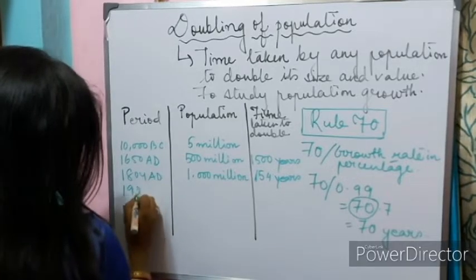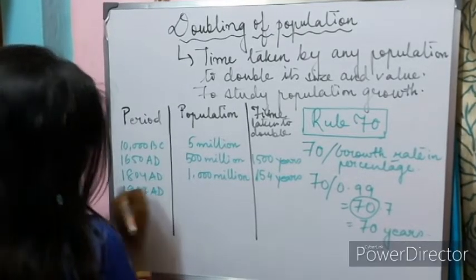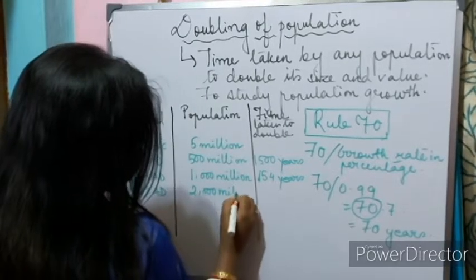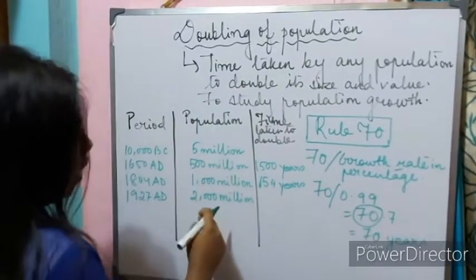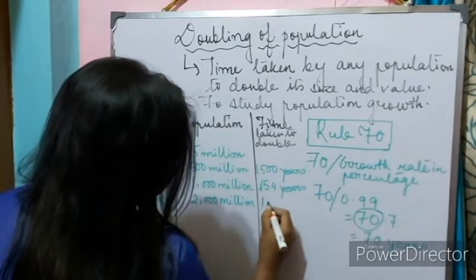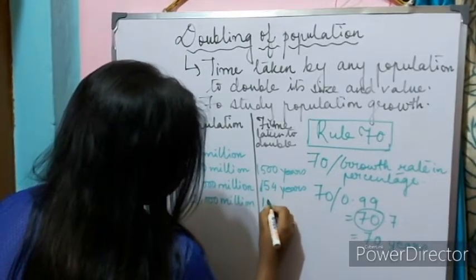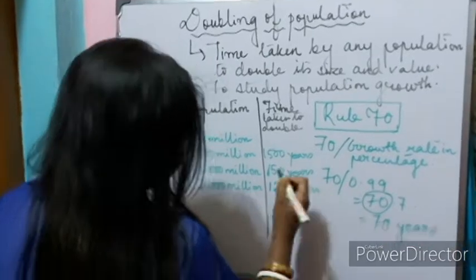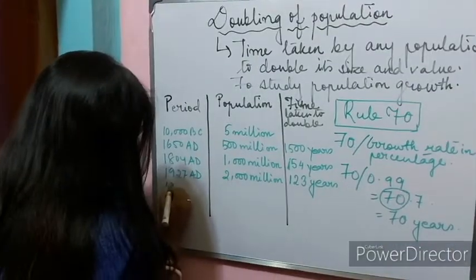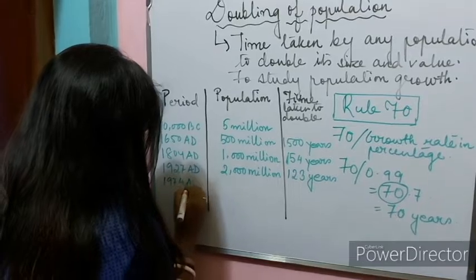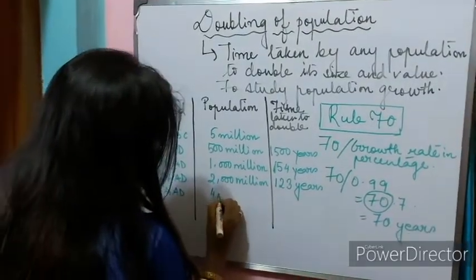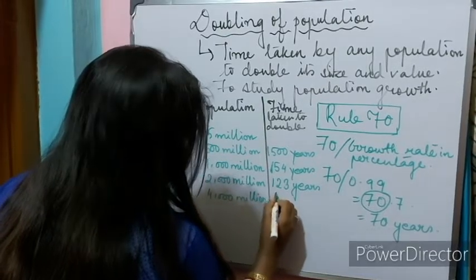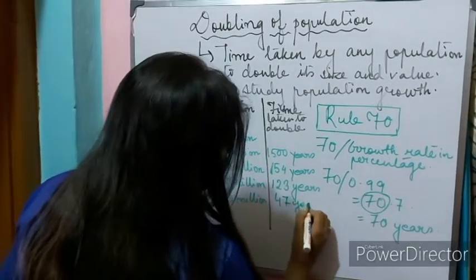In 1927 AD, the population reached 2000 million. That means you can see the population is doubling in 123 years. In 1974 AD, the population doubled to 4000 million in only 47 years.